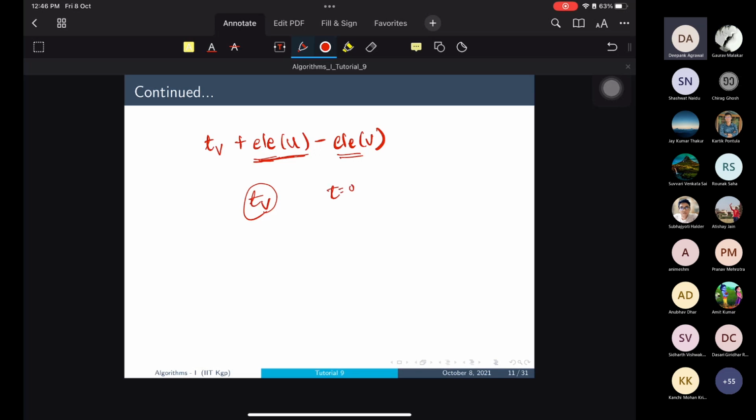That is grid of U and grid of V value, right? Yes. Means it will only work if elevation of U is greater than elevation of V. Will this work actually? Shouldn't we see the elevation at time V instead?